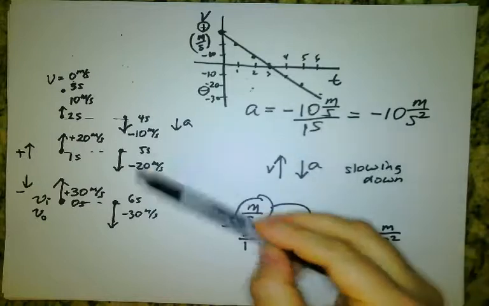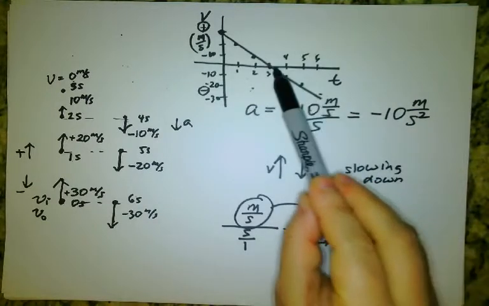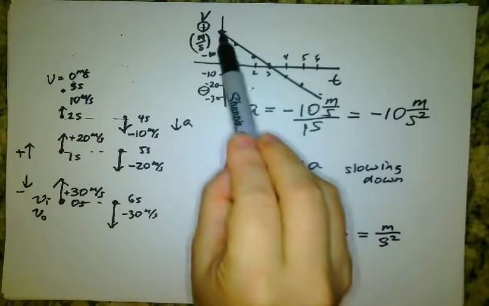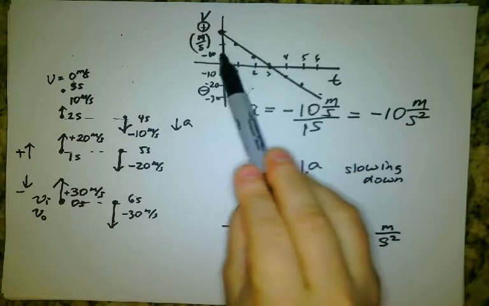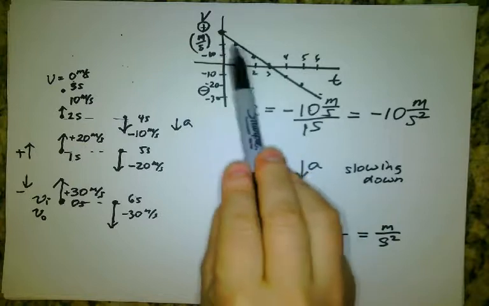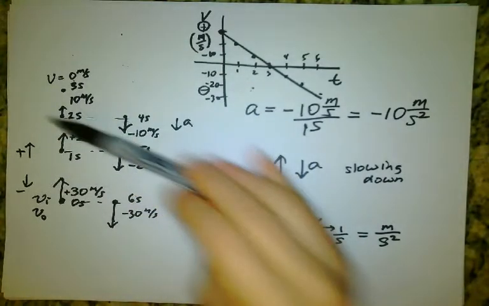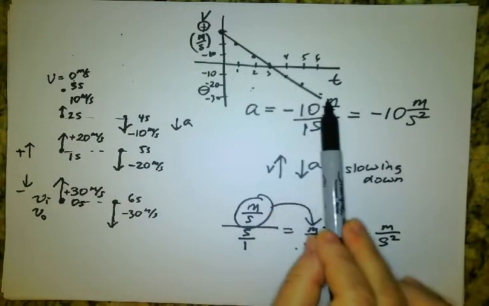And when you're on the positive half of the graph, you're moving up in this case, because that's where we define positive. It could also be right. And when you're below 0, you're moving in a negative direction, and you're moving left. Also, let's say you had a sideways problem.